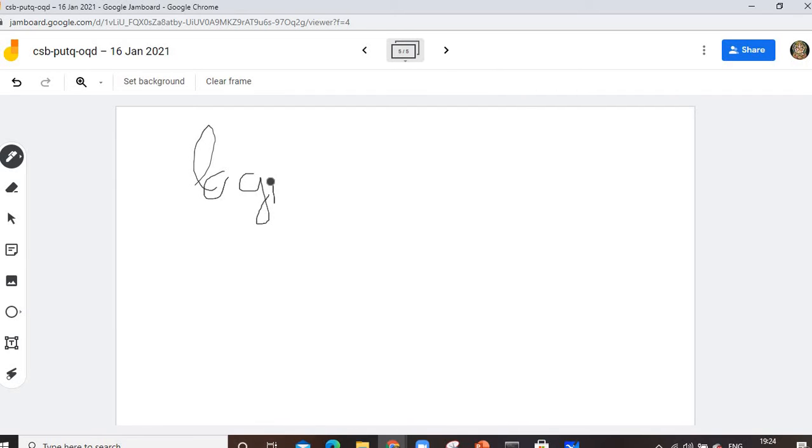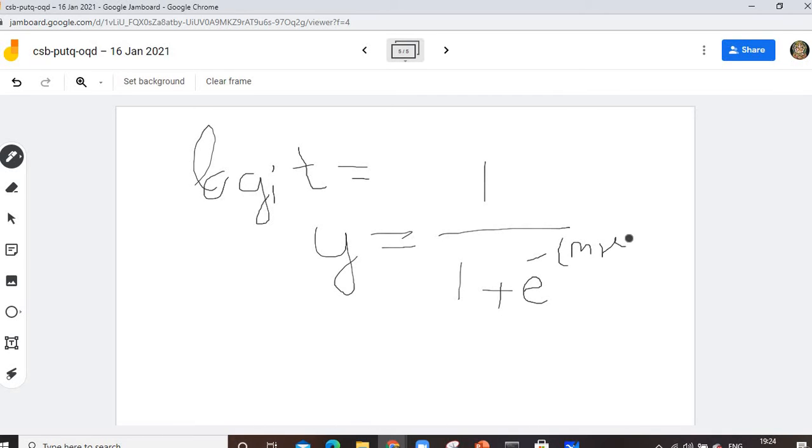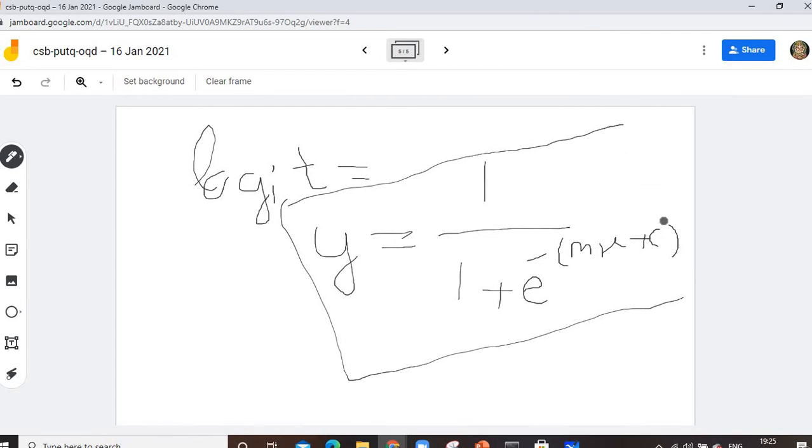It is defined like this: y is equal to 1 divided by 1 plus e to the power minus (mx plus c).